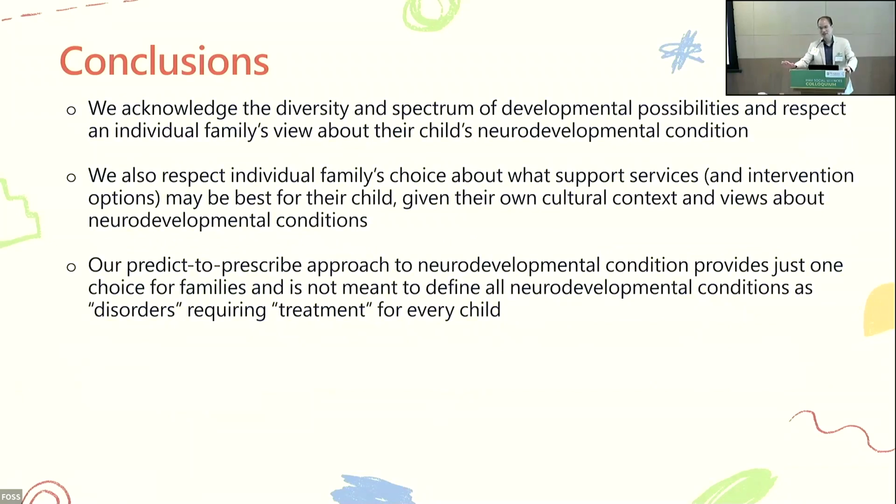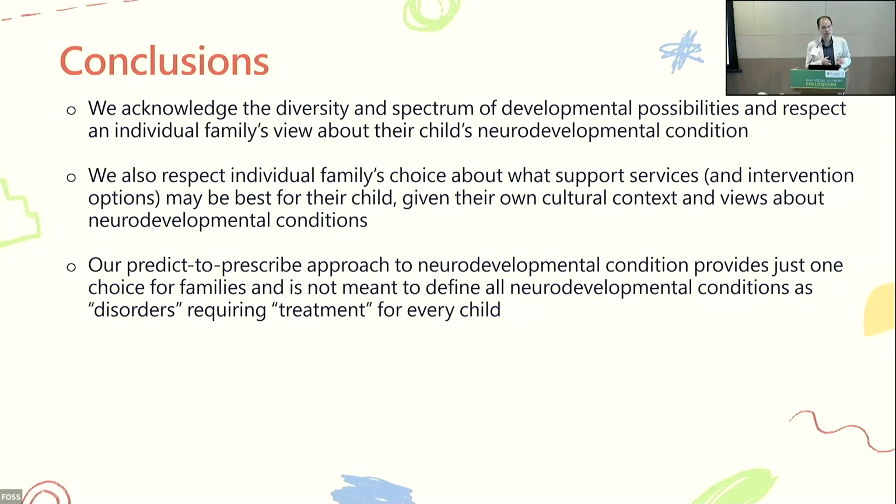Having said that, I must say the following. We have to acknowledge the diversity and spectrum of developmental possibilities and respect an individual family's view about their child's neurodevelopmental condition. We also respect individual families' choices about what support services and intervention options may be best for their child, given their own cultural context and viewpoints about developmental conditions.